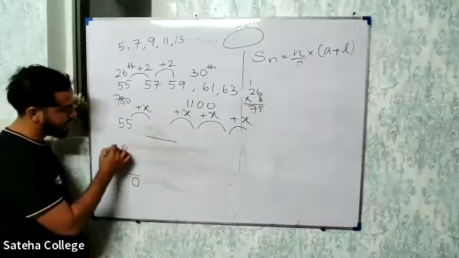Now we know she's adding another amount to this previous amount, for her to achieve 1100. Let's take it as x rupees. That means on the 27th day, 55 plus x. Then again she's adding the same x, so on the 28th day, 55 plus 2x.